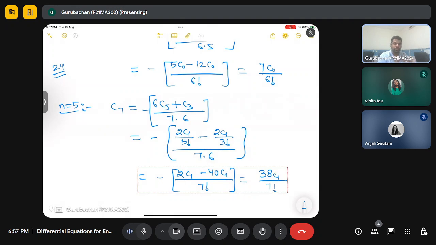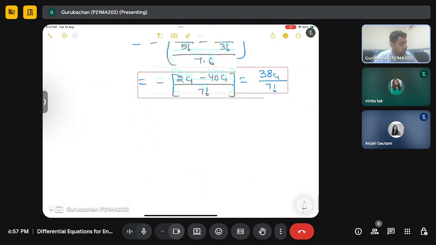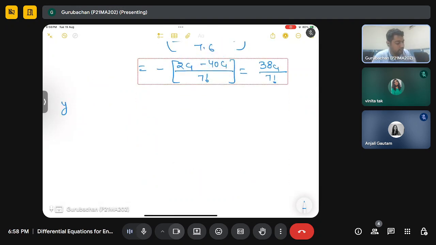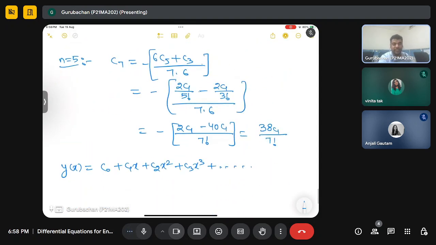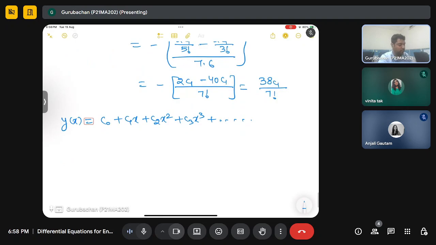So from here we get some terms, and if we try to write y(x), what will be y(x)? It was C0, C1 x, C2 x squared, C3 x cubed, and so on. Since we have calculated up to C7, we can explicitly write that.